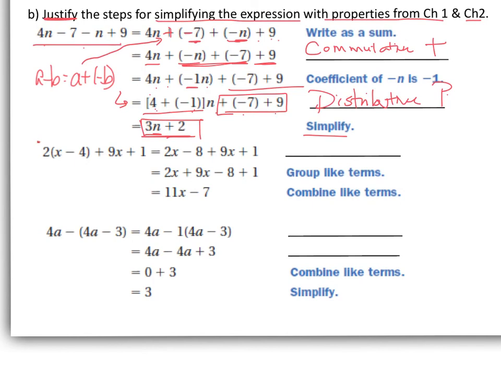Let's take a look at the next problem. In this case, I will first need to simplify 2 times the difference of x minus 4 by using the distributive property. So 2x, 2 times negative 4 gives you negative 8. Recopy 9x plus 1. And then I'm going to write distributive property here.